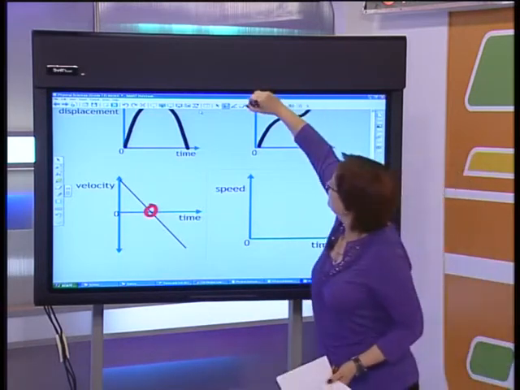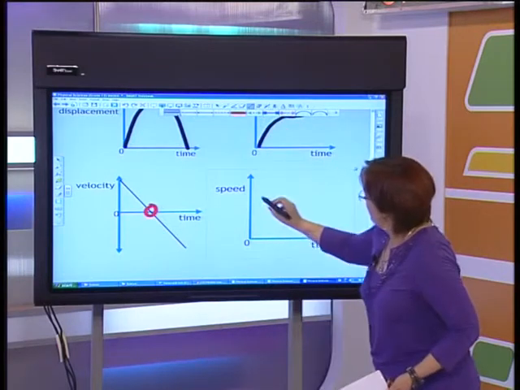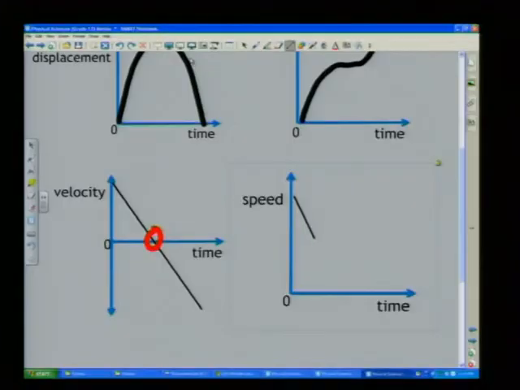So we know that my object's speed gets smaller and smaller, reaches zero, changes direction, and it should be at the same gradient, and it should actually be in line with each other. So let's just try and put them together.